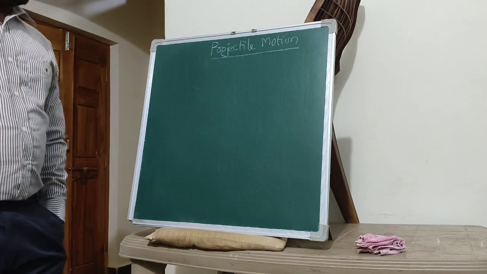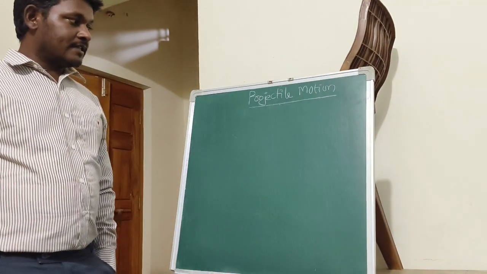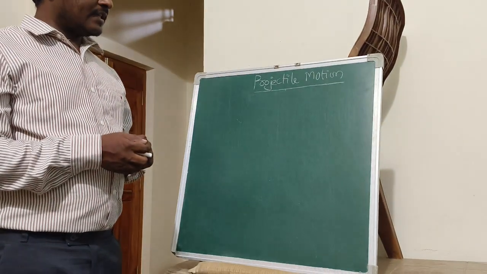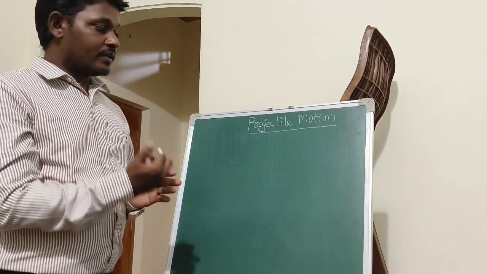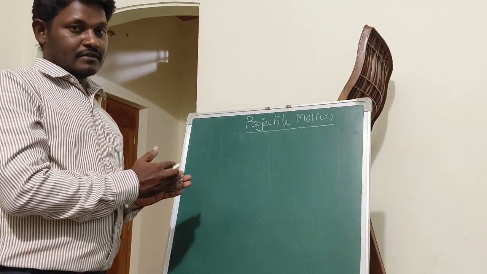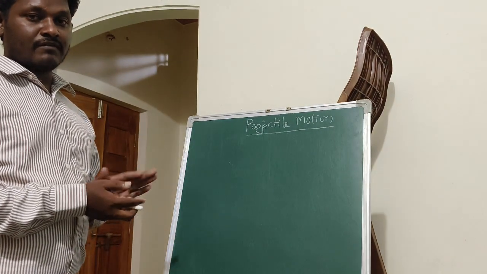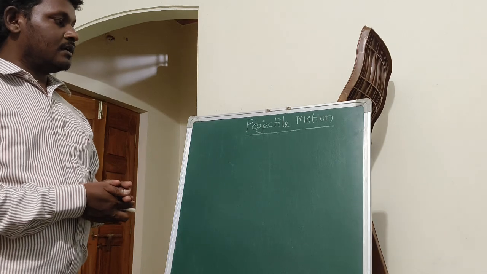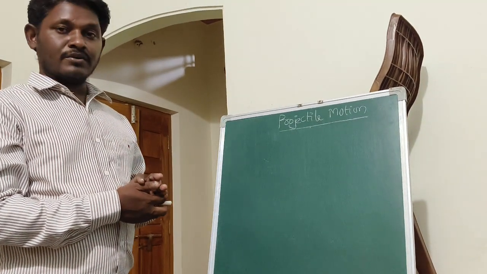So far we have discussed what projectile motion is, the path it takes, the time taken for the body to reach maximum height, what the maximum height is, and the time of flight and range along the x direction. Let us solve one problem in projectile motion.